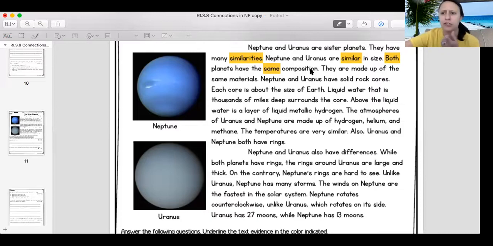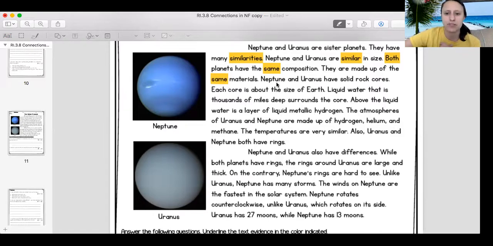So composition, I don't really know what that word means. So I'm going to keep reading and look for some clues. They are made up of the same materials. Oh, so I wonder if composition means how they're made up. So what are they made up of? Okay. But I see this word same right here.